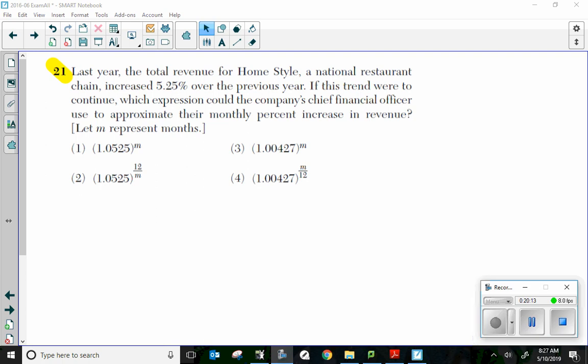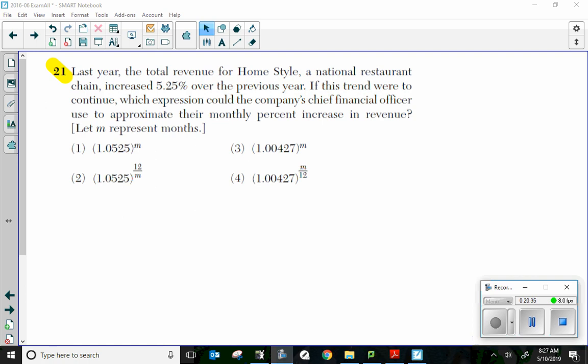Number 21. Last year, the total revenue for Homestyle, a national restaurant chain, increased 5.25% over the previous year. Ooh, I smell an exponential. And looking at the answers, it absolutely is.